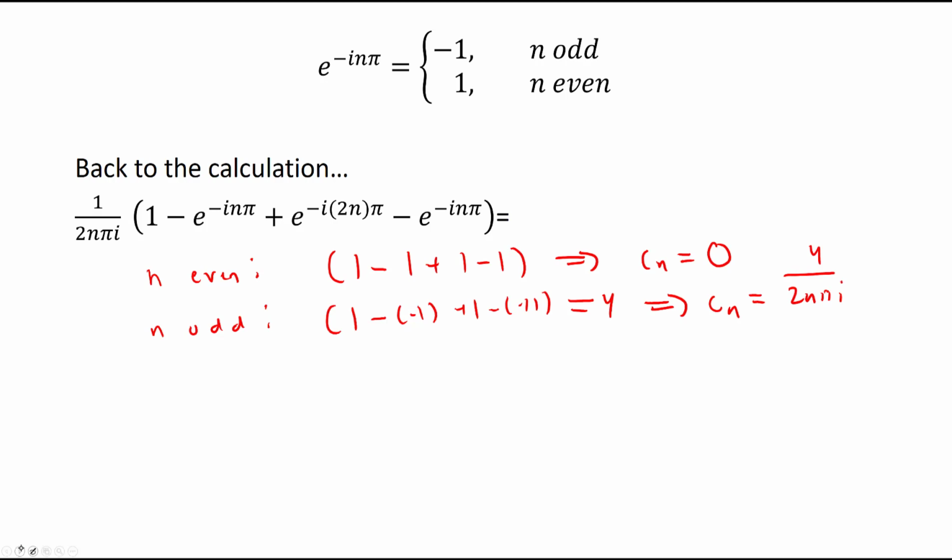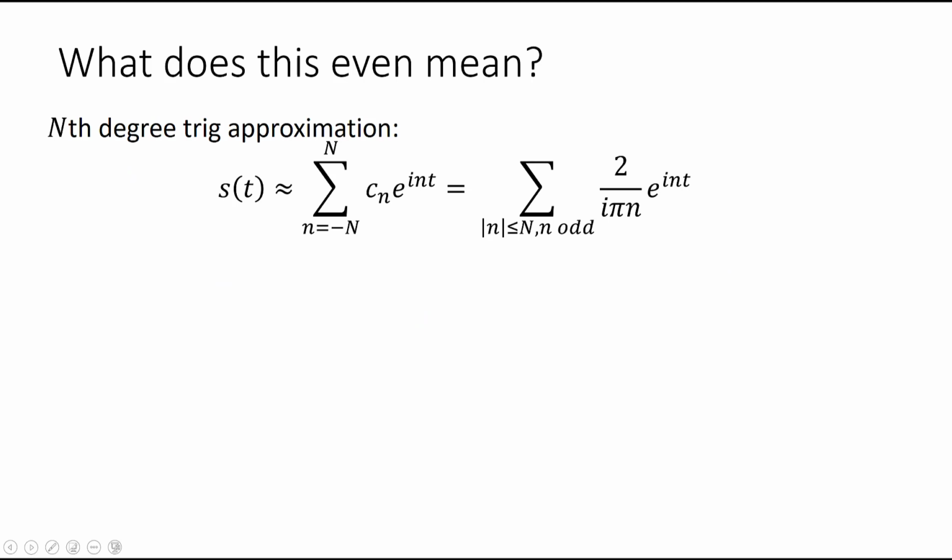Well, recall that the goal of Fourier series coefficients is trigonometric approximations. In particular, we wanted to know how we can approximate the square wave function by a finite sum of sinusoids. Now we know that in order to do so, we should choose the coefficients of the nth degree term as 2 over iπn when n is odd and 0 when n is even.